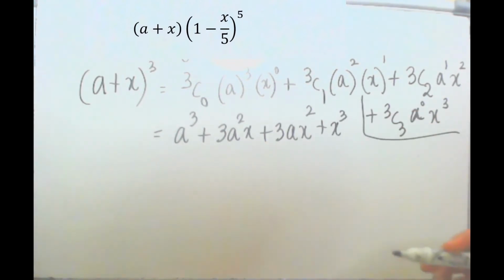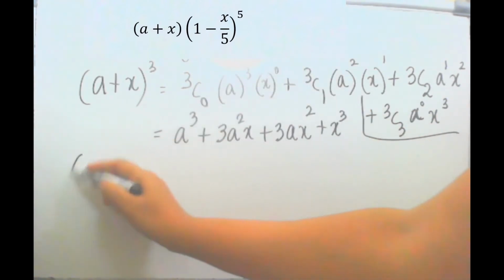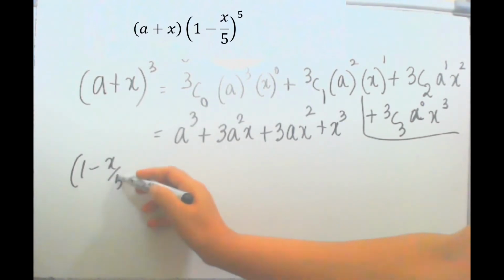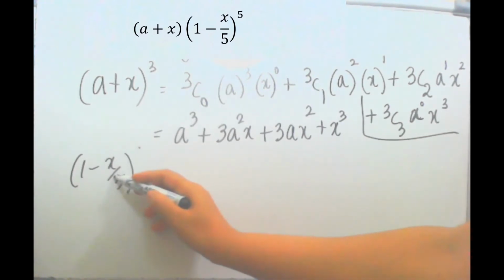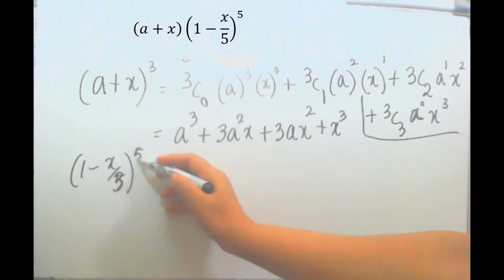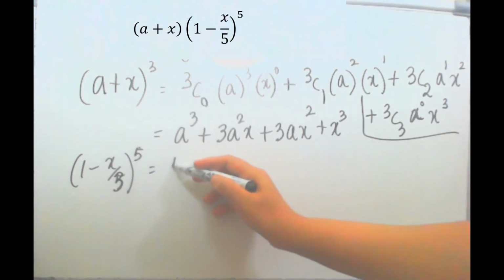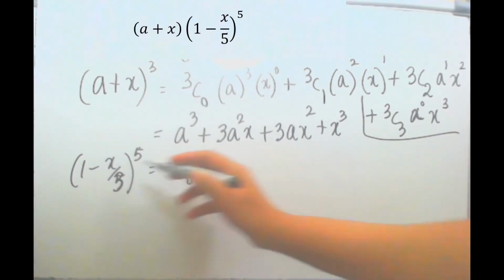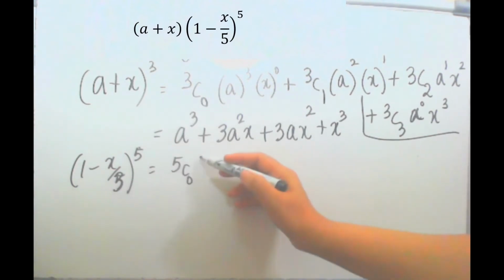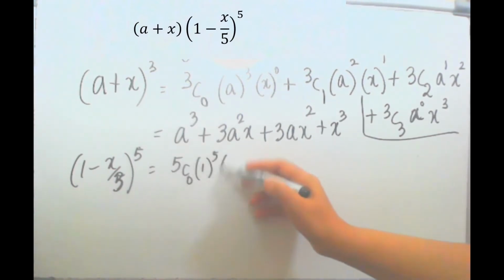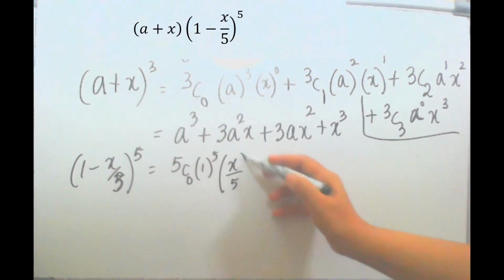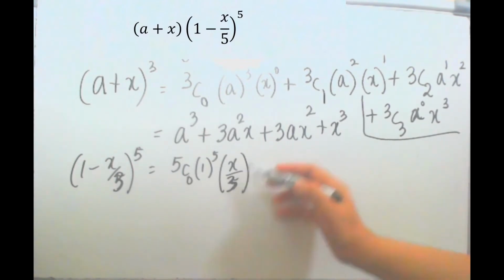Now similarly we will expand the second bracket, x over 3 whole power 5. So it is 5c0, so 1 power 5 into x over 3 power 0.